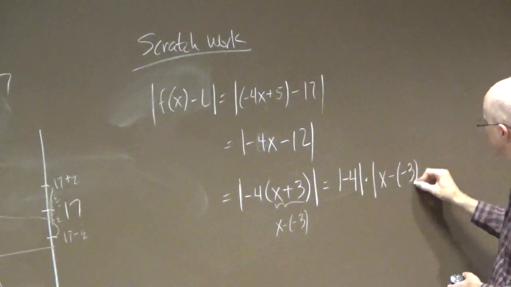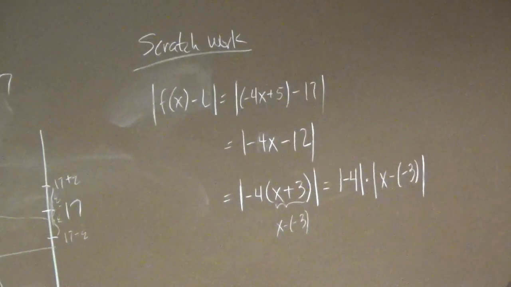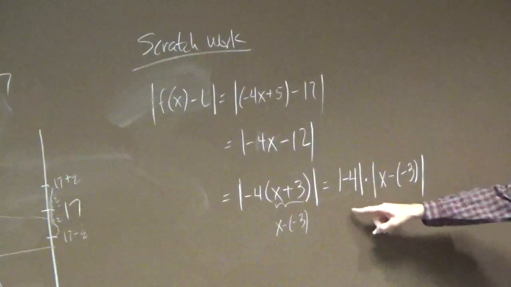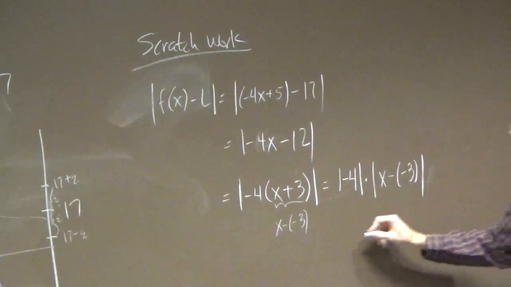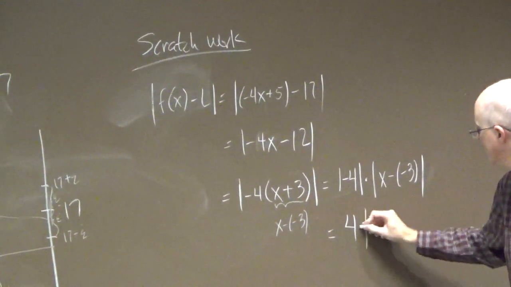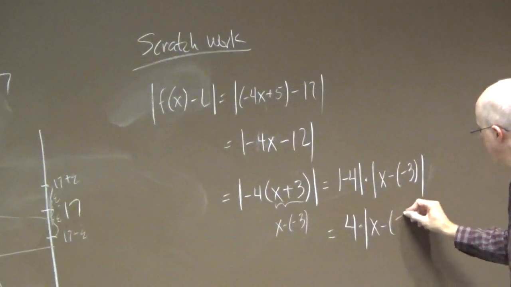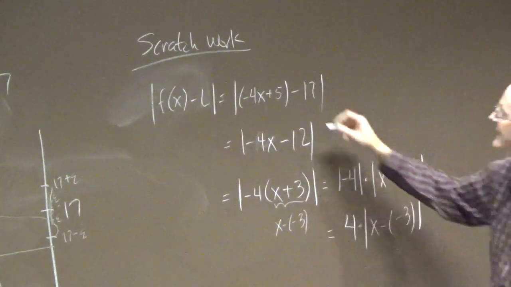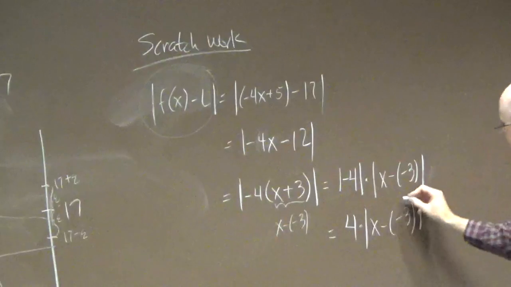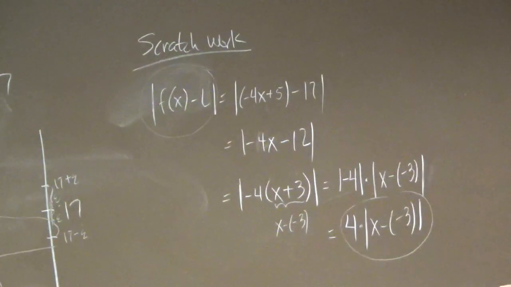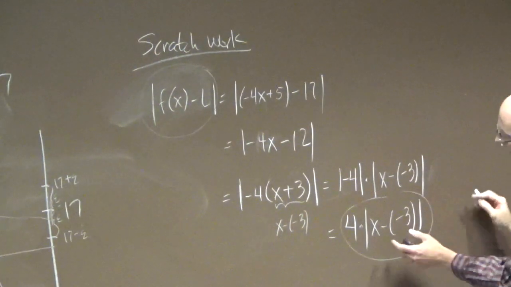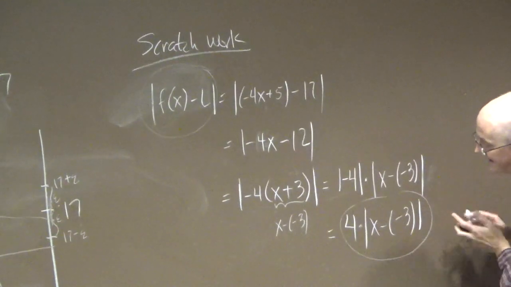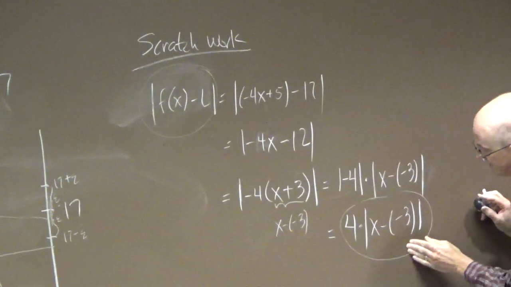And let me go ahead and write this one that way. And the absolute value of negative 4 is positive 4. I can simplify this thing to this, and this is good because I can make this whole thing less than epsilon by making this thing small enough.